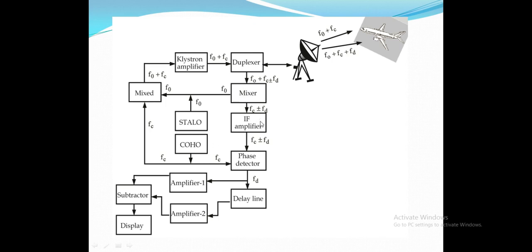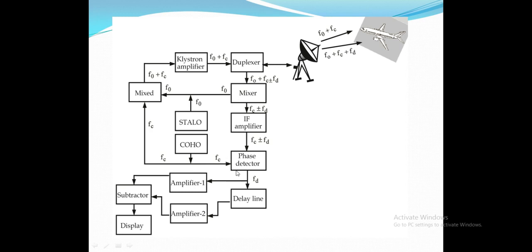Okay, so after that the difference frequency is amplified by using this amplifier. The output of this amplifier is next given to the phase detector. For the phase detector, one of the inputs is the IF amplifier output and the other is the coherent oscillator output.